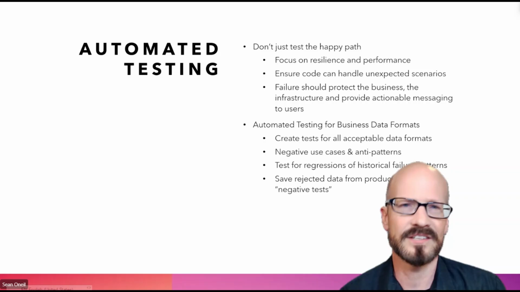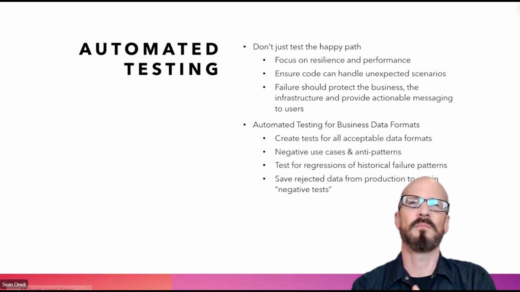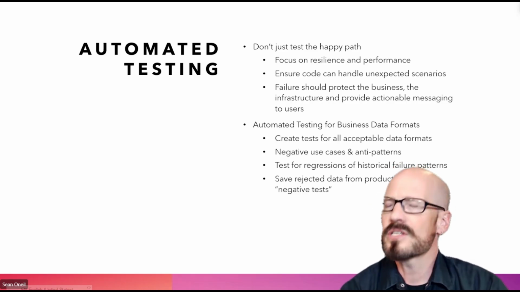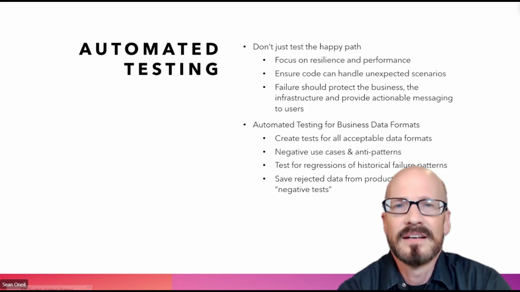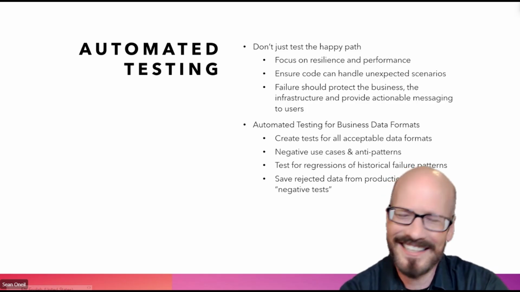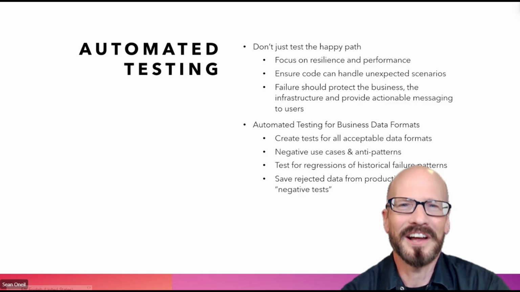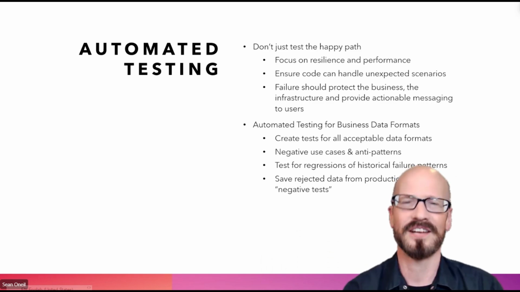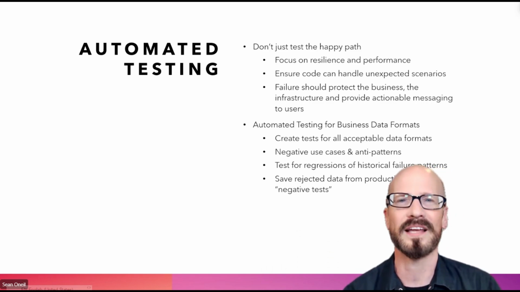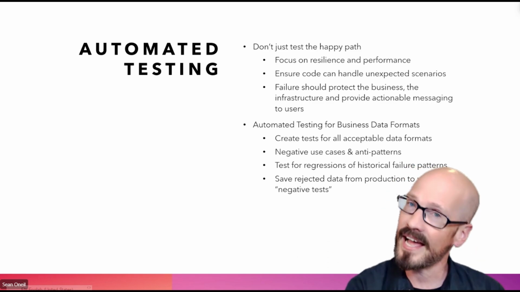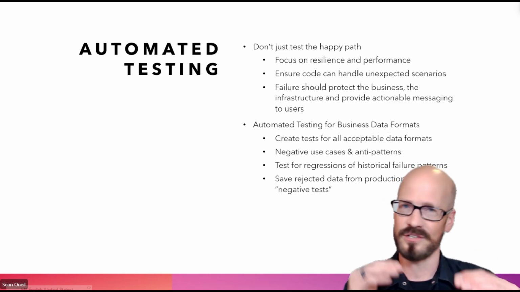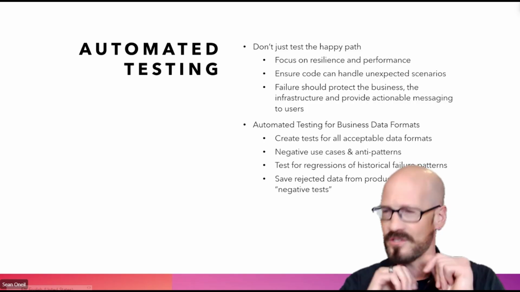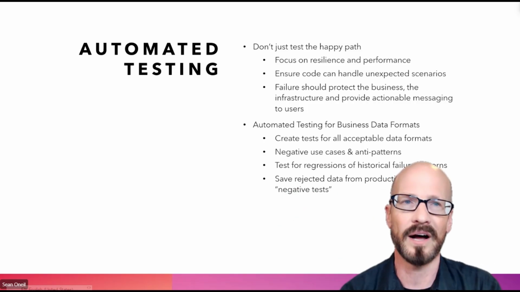So really drilling into this automated testing. When you're doing your automated testing in general, don't just test the happy path. And once again, I've just seen this too much, right? You get your user stories from your business analyst, you put those inside your development tool, you write some code against that user story, and you write a test. And that test is a beautiful one-to-one match with the user story. It passes, checked in, and now you're going to push that to prod.